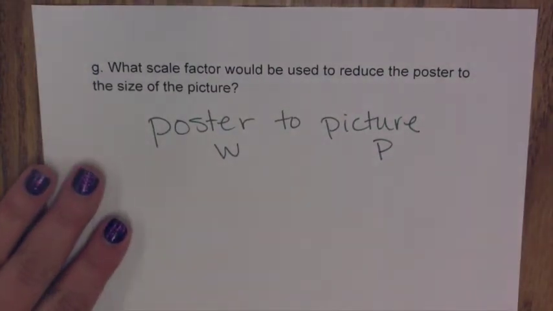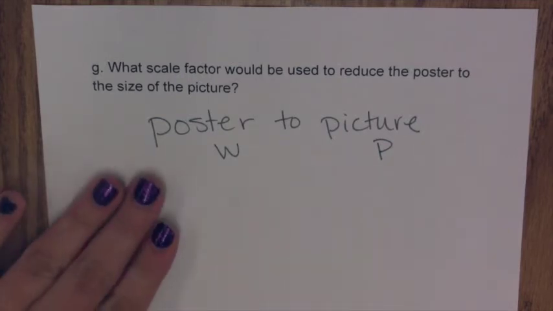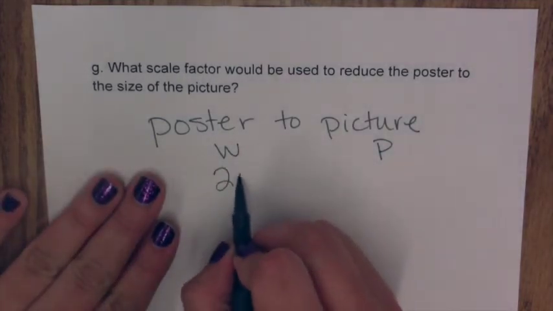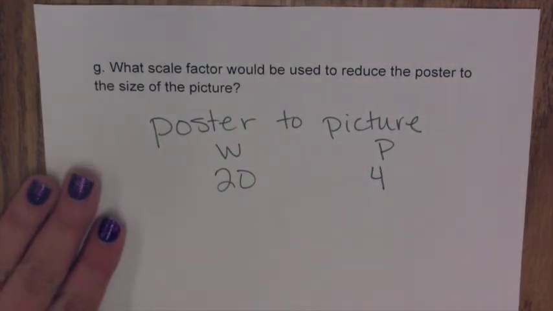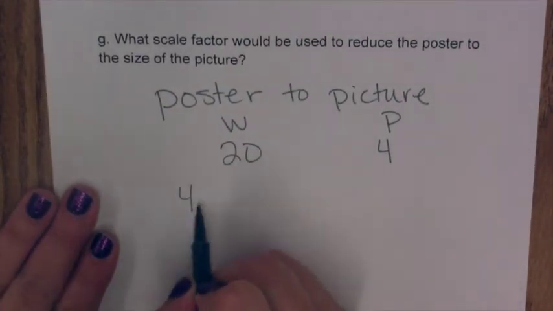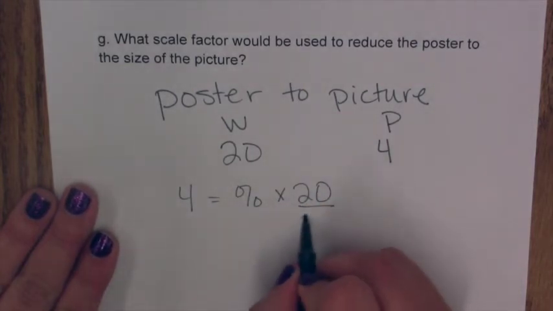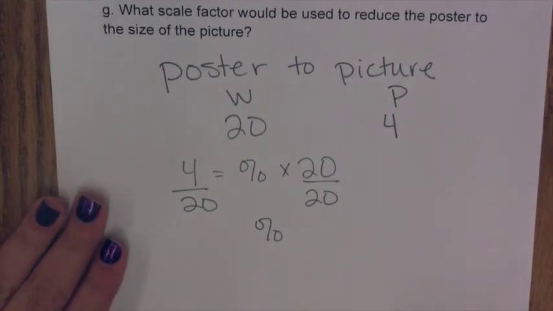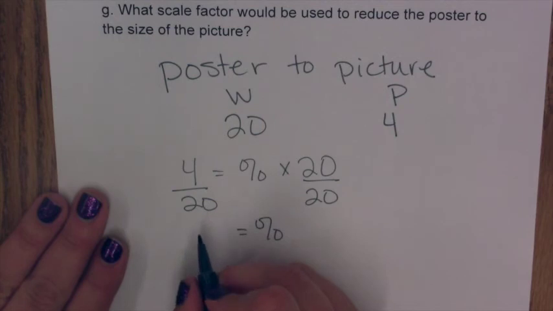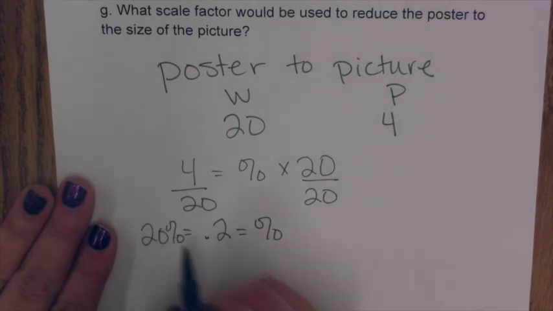So if I go back and find all of my measurements from my questions, my poster short side was 20 and my picture is 4. So let's use our part equals percent times whole. 4 equals percent times our whole of 20. We're going to divide by 20. And we get that our percent is equal to 0.2, which would be 20%.